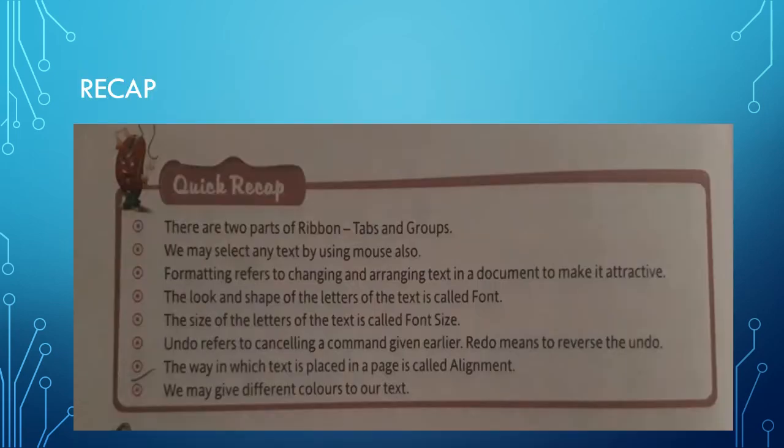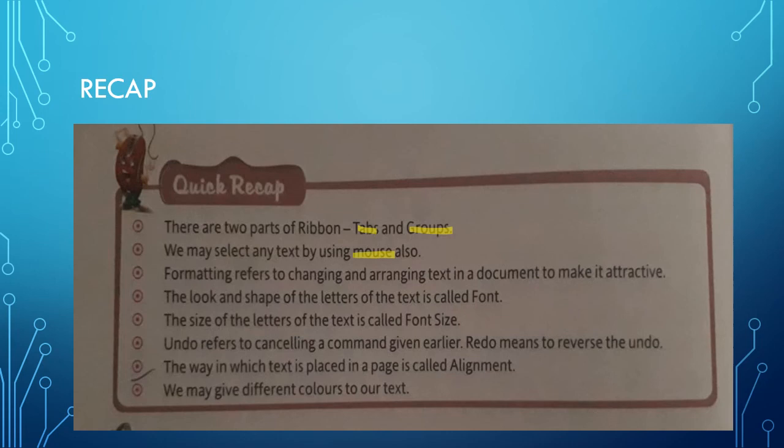By this, our chapter 3 is over, but before ending, just have a quick recap. So first one is, there are two parts of ribbon, that is tabs and groups. We can select any text by using mouse also. Formatting is, what is the formatting?